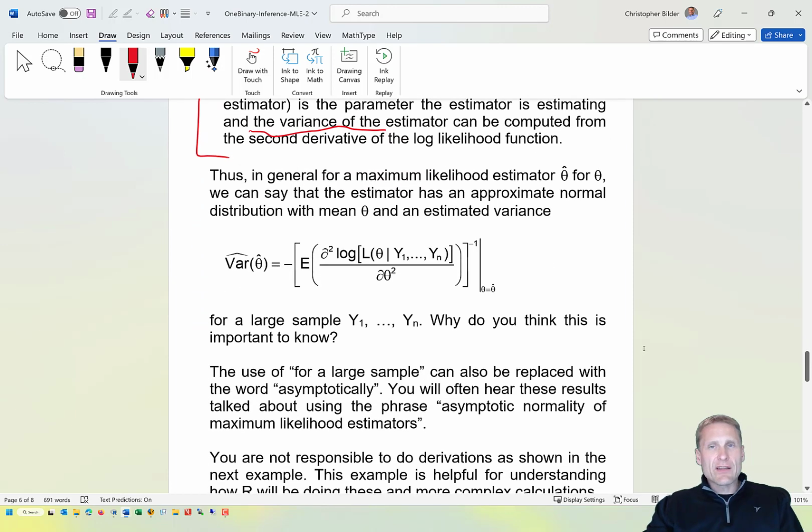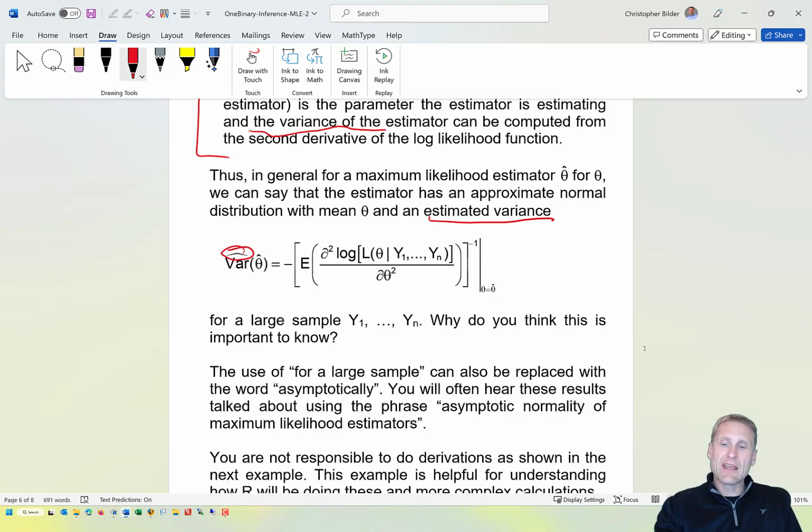Now, the variance of this estimator gets to be a little bit more complicated. I'm not going to expect you to find this variance in a mathematical derivation way, but you do need to know what the setup is for that variance. My estimated variance is an estimate, that's why I have a hat on top of the var part.